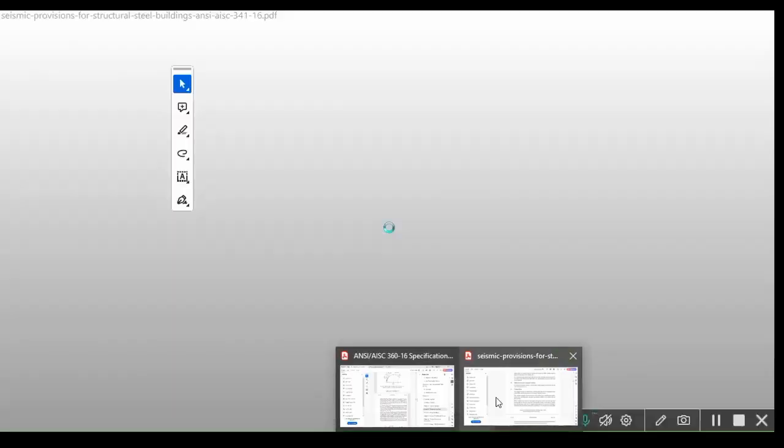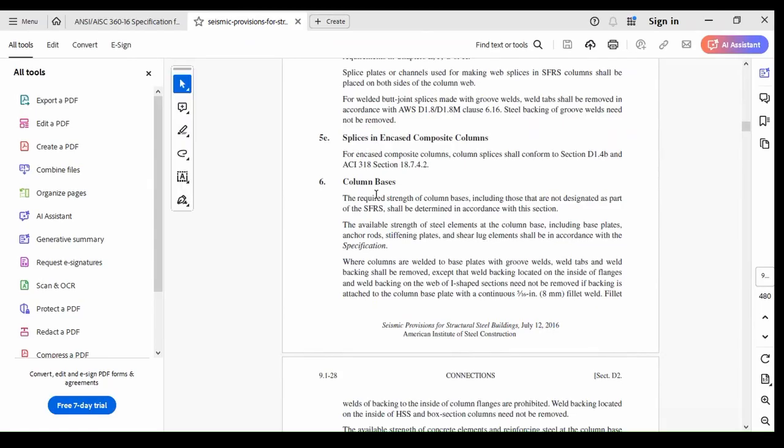You can see here in Seismic Provisions for Steel Structures, here in the column base section, it is talking about requirements of column base design.